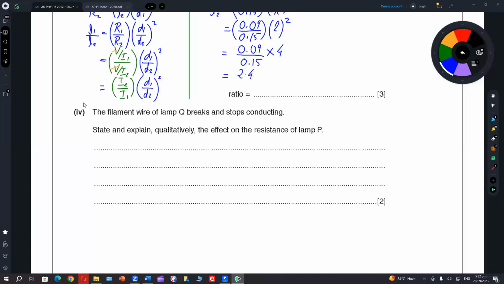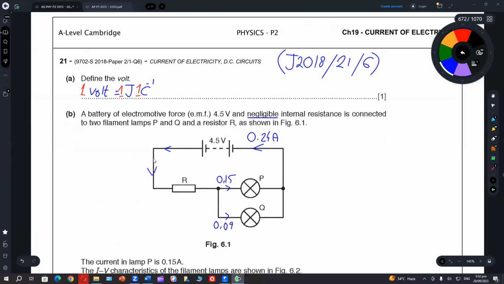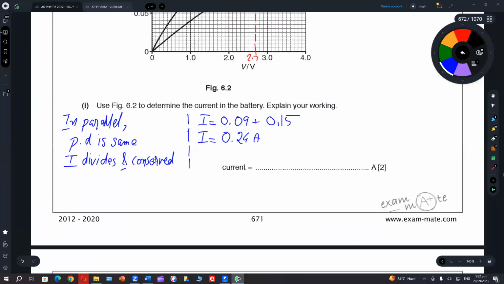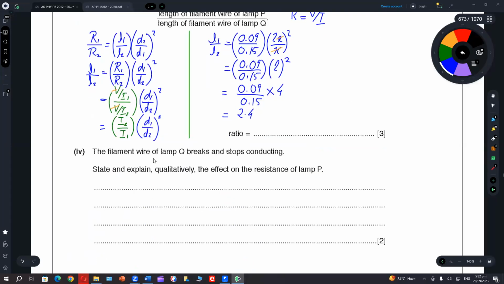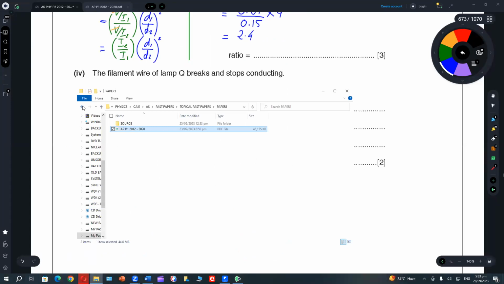I always prefer, but obviously the time is very short. But normally, I always tell my students that you have to use the examiner report when you are answering this theory question.